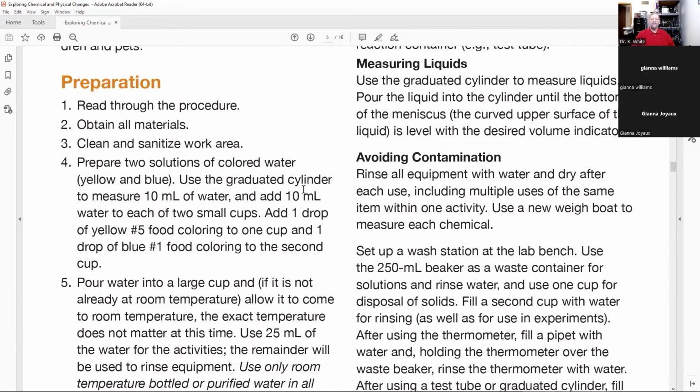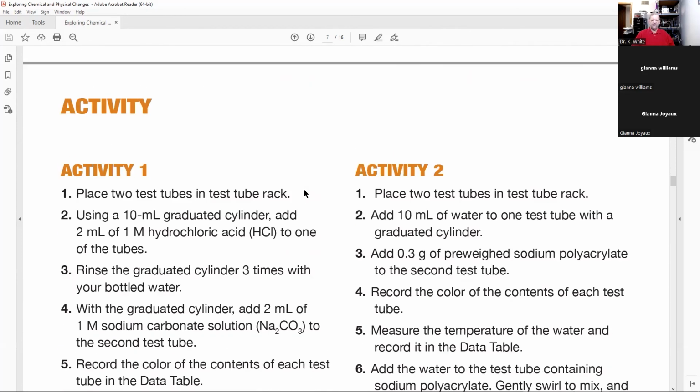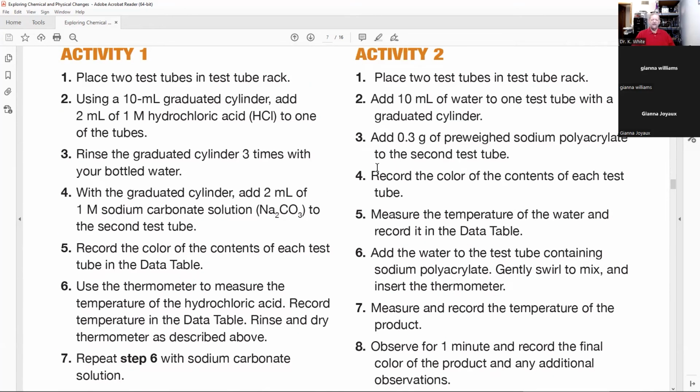Now, follow the directions for each activity. Example, activity 2, take your 2 test tubes, add about 10 milliliters of water to 1 test tube, and then this is going to be a neat one, about 0.3 grams. If you're a little over, a little under, that's okay.